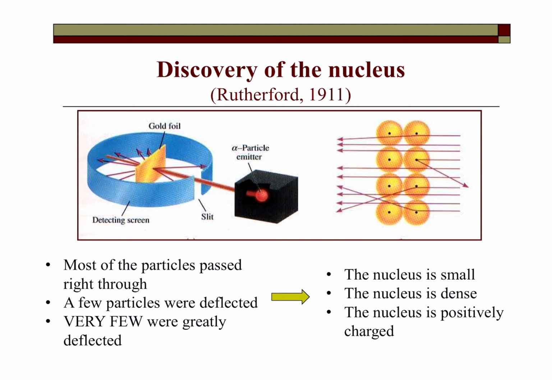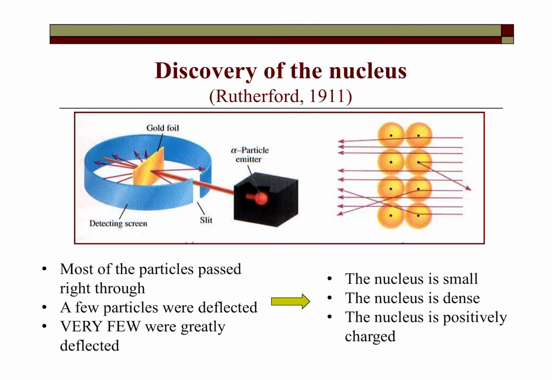A few particles were deflected, and very few were deflected strongly. And we say the nucleus is small, the nucleus is dense, and the nucleus is positively charged, which I mentioned, because inside the nucleus or core we have a positive charge, since it has protons, which are positive, and neutrons, which are neutral, and the electrons surround the proton and neutron, or nucleus.